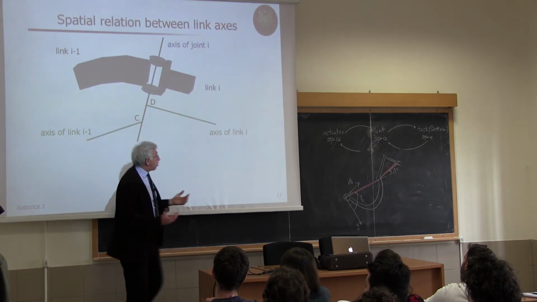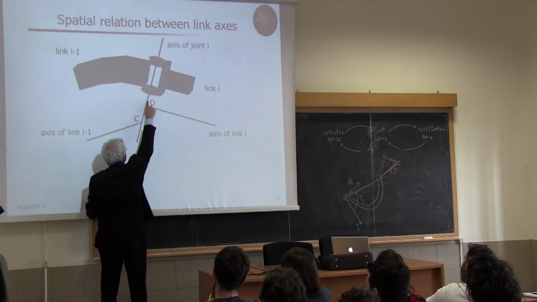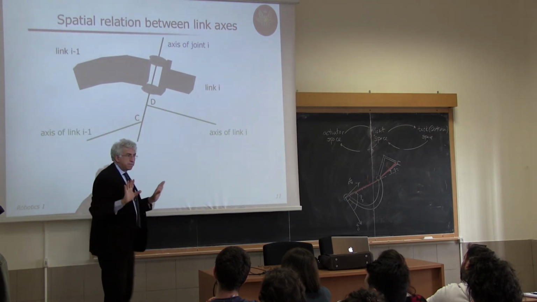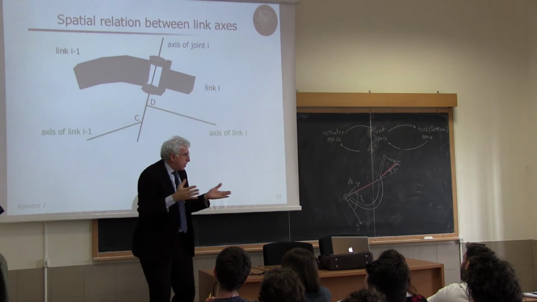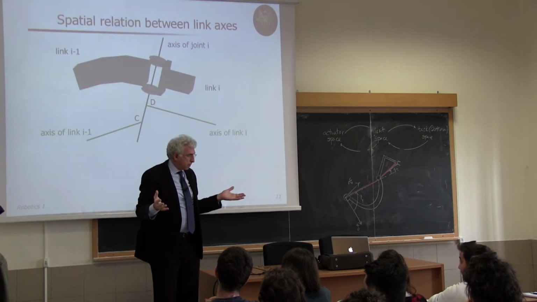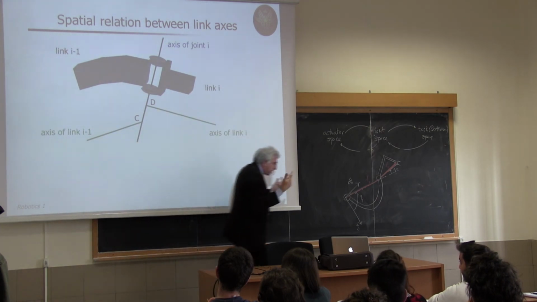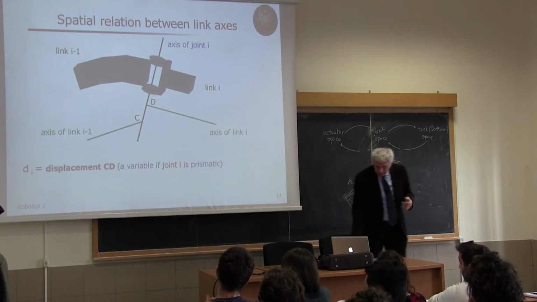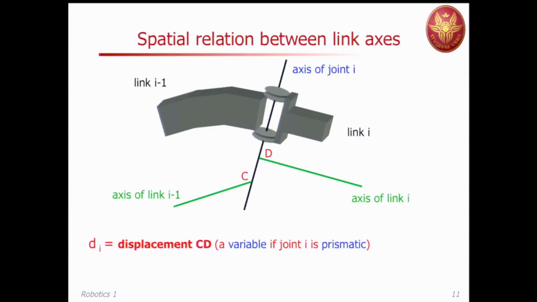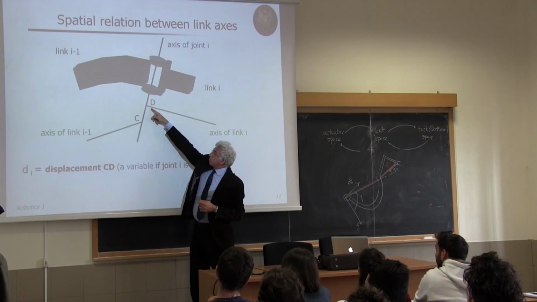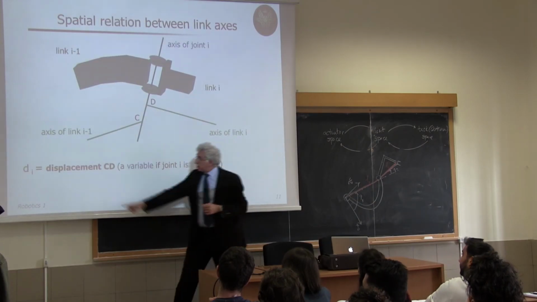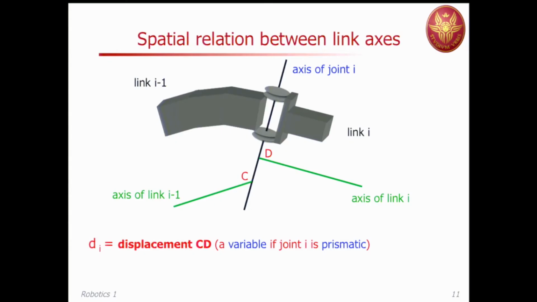So they are common normal. This means that they intersect here at 90 degrees. There's no other way, otherwise they are not common normal. Okay, both intersect at 90 degrees. But typically not at the same position. So I have this displacement from C to D, which is the parameter DI.